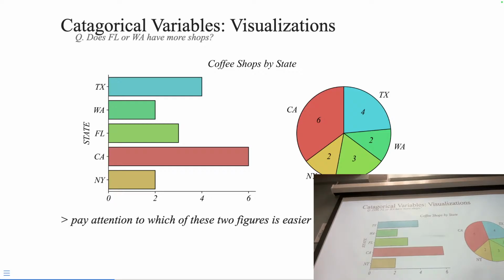Where with the pie chart, as we've done it here, we can just look at the number and it just tells us what that number is. So that's something we'll come back to actually. It's a very interesting observation.